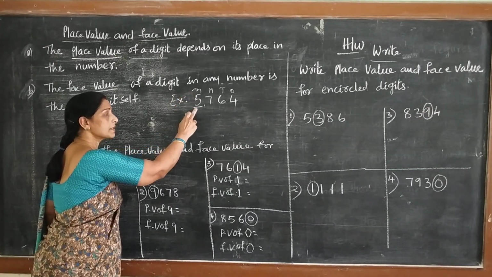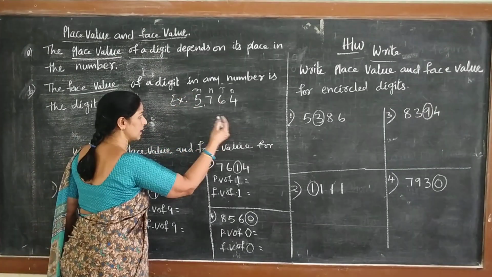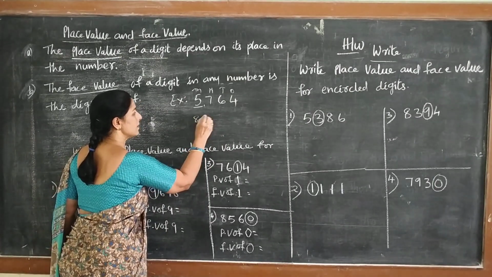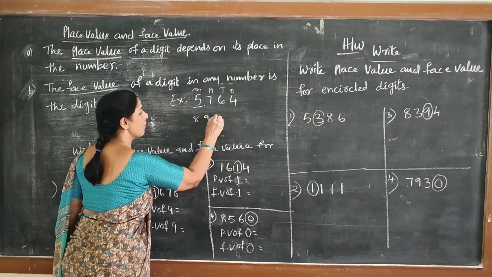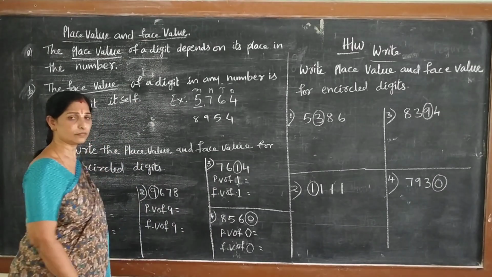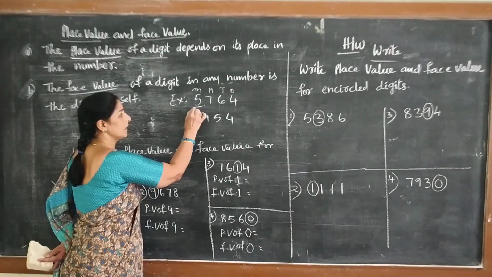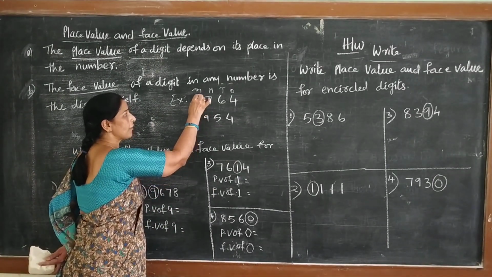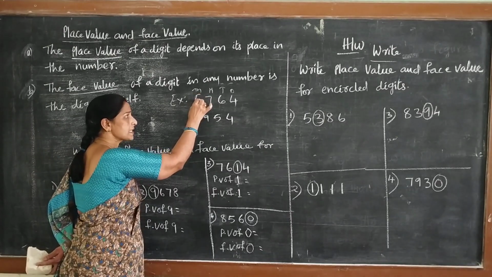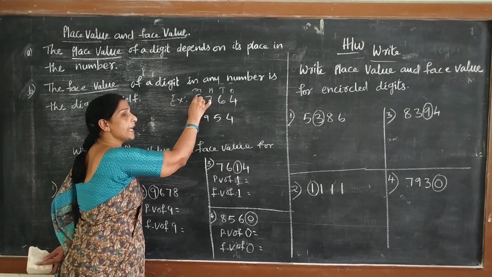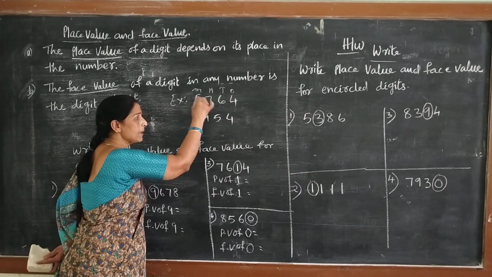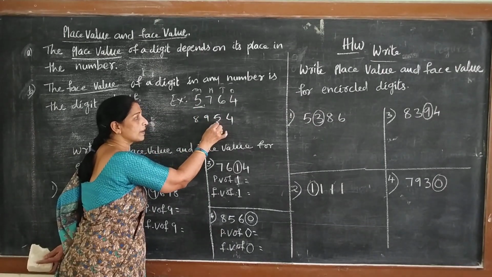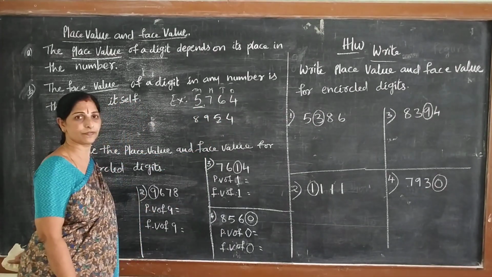But suppose in another number, here 8, 9, 5, 4. Here in this number, how is the face of the 5? Same as it is, same like that, and then this number here 5.